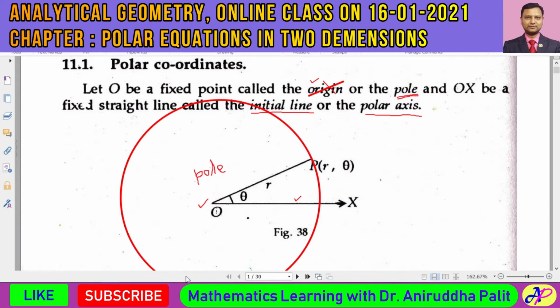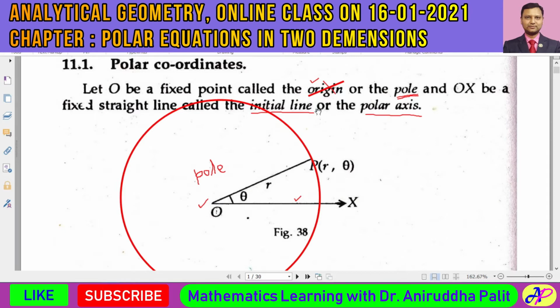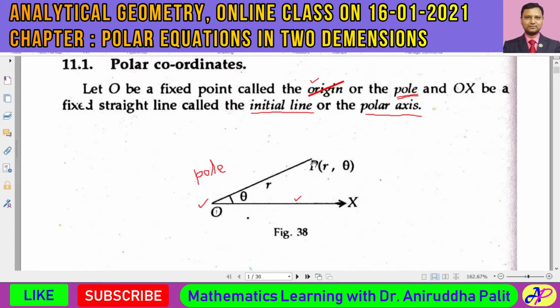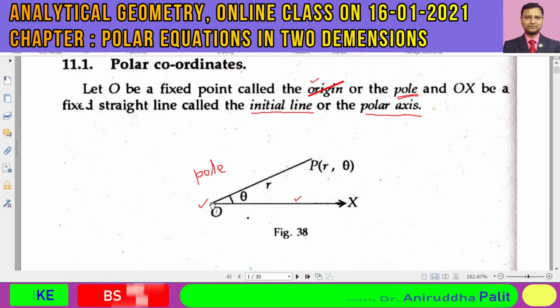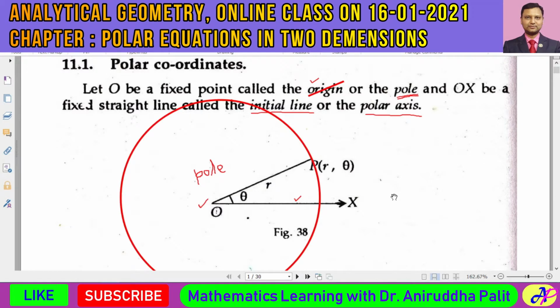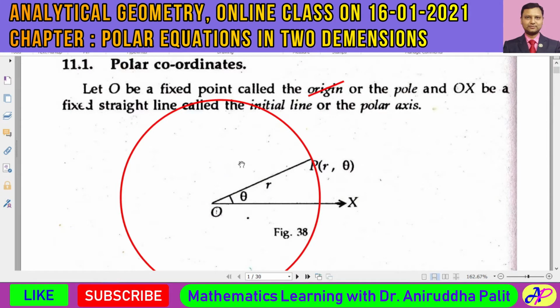We generally draw a circle, but you can also think of it this way: if you don't want to draw a circle, just draw the straight line joining the point P and the point O, and this distance is actually the radius of a circle with center O. That's why we considered this circle.